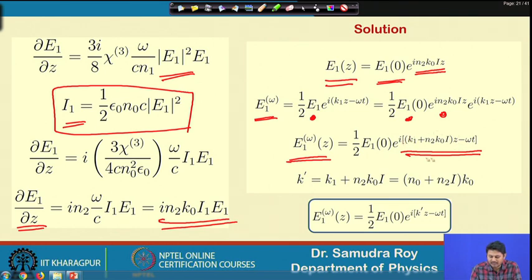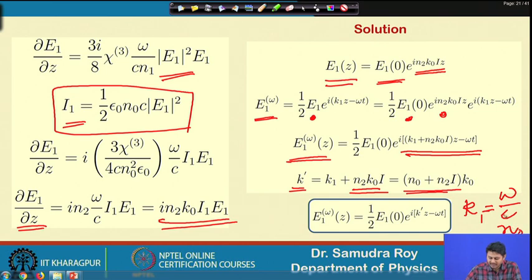In this total electric field, the phase term is changing, and in this phase we have a propagation constant. Now, my nonlinear propagation constant k prime is k1 plus n2 k0 I. So, n2 k0 I can be written in this way, because k1 is simply omega by c into n0.